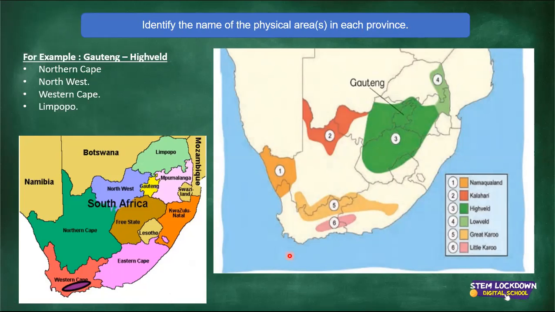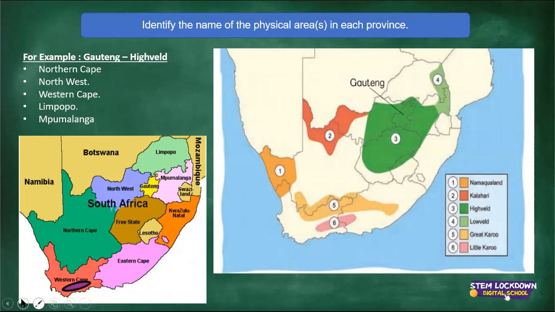Are we clear? Please take a screenshot and identify the names of physical areas in each province that I have provided. Okay, let's wrap up.